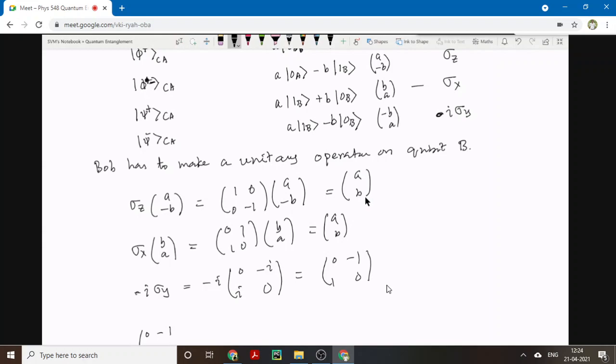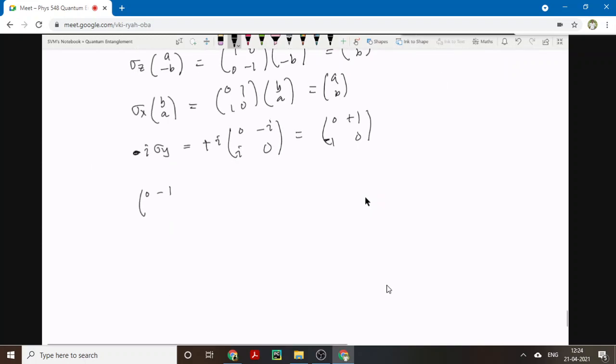If it is I times sigma y, then you have plus I here, so this is plus 1 and this is minus. So we have 0 1 minus 1 0 on minus B A, which is equal to A B.